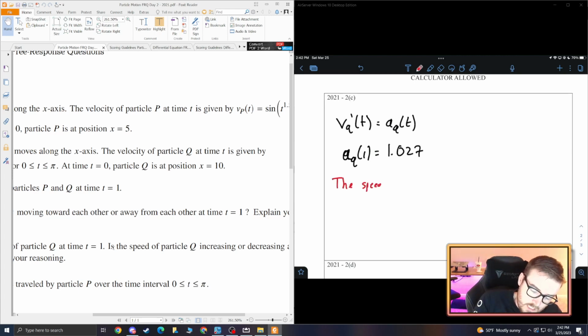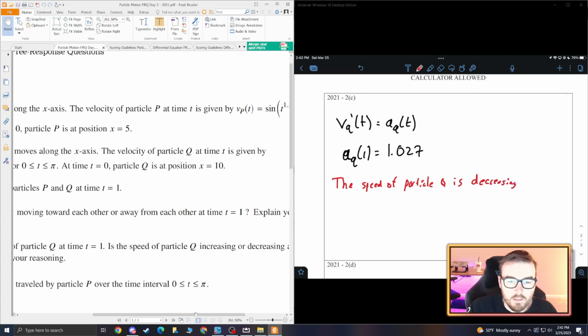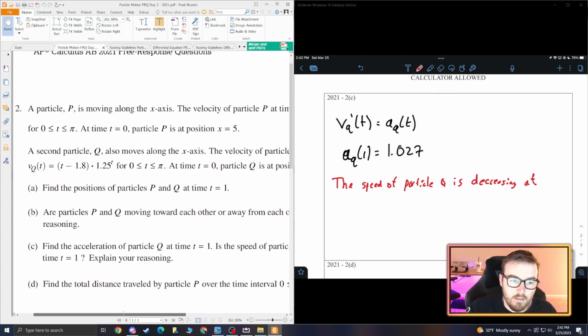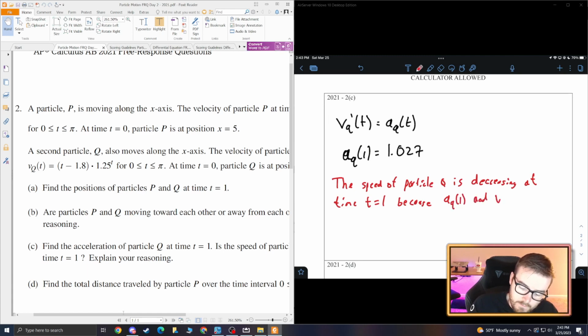The speed of particle Q is decreasing at time t equals 1 because AQ of 1 and VQ of 1 have opposite signs.